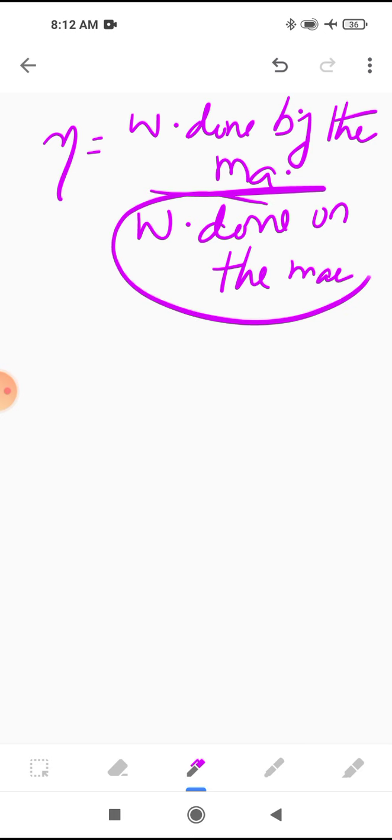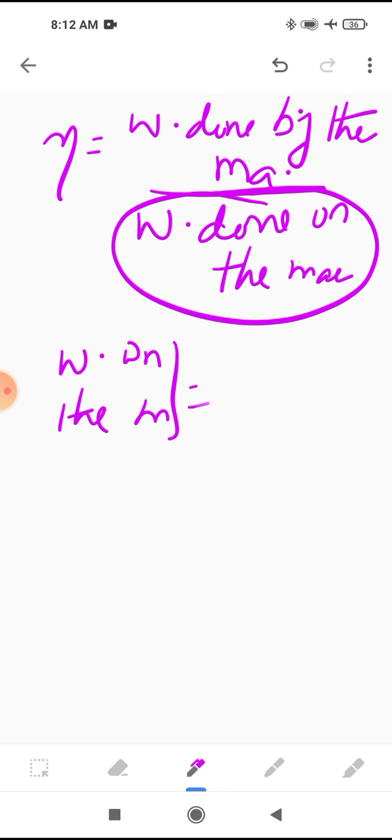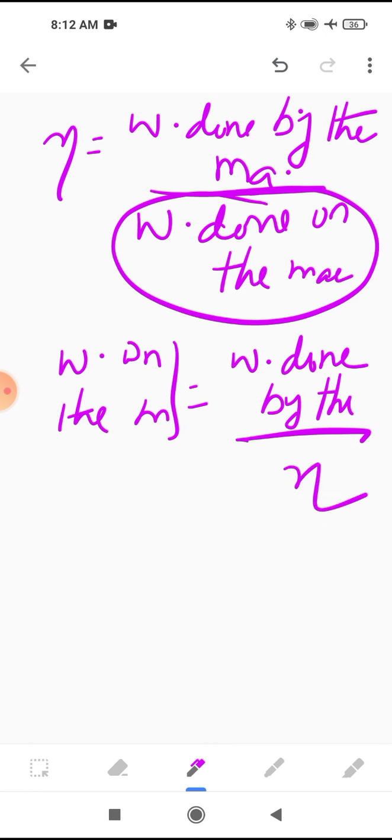So work done on the machine is equal to work done by the machine upon efficiency. Just rearrange the first formula. Once again, efficiency is equal to work done by the machine upon work done on the machine. So work done on the machine is equal to work done by the machine upon efficiency.